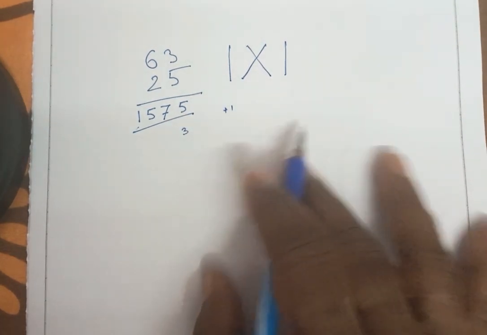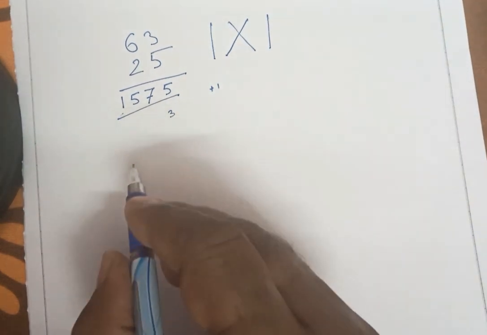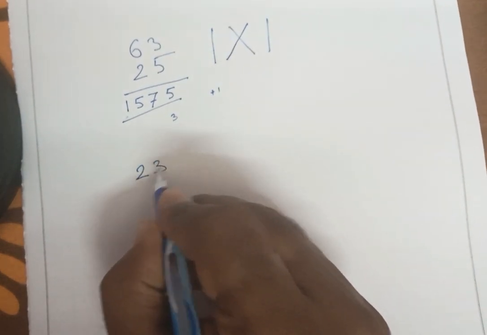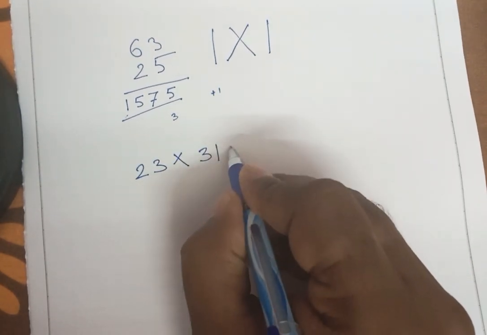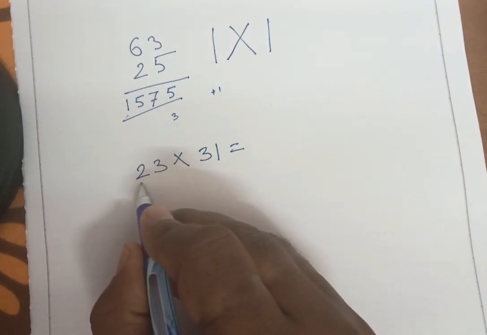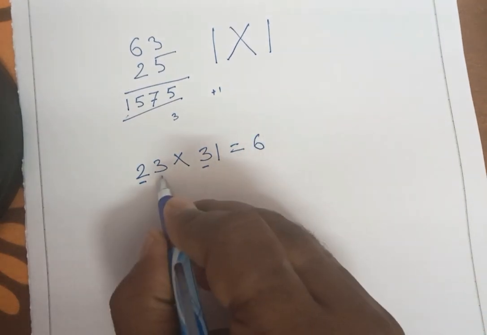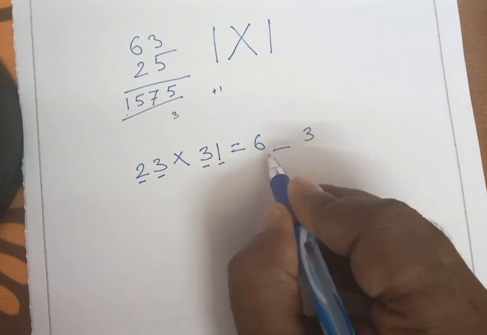Now another method you can opt: suppose you want to multiply 23 with 31. What will be the answer? Now what you have to do? You have to just multiply these two, that equals 6, then these two, 3.